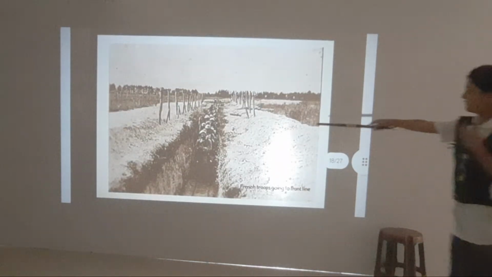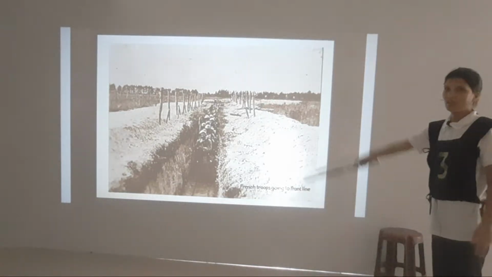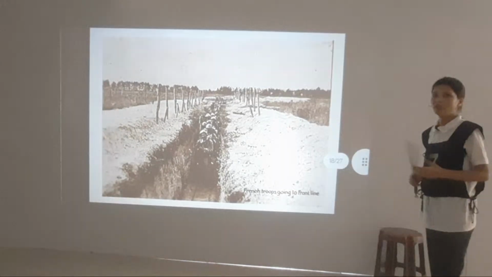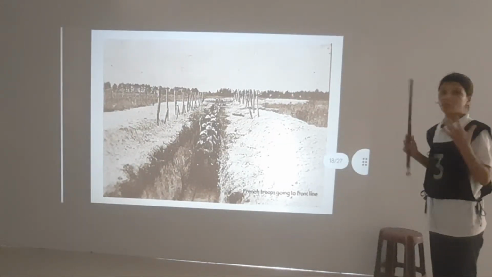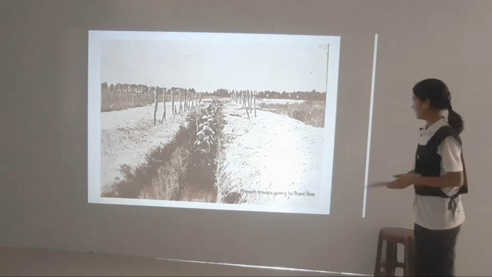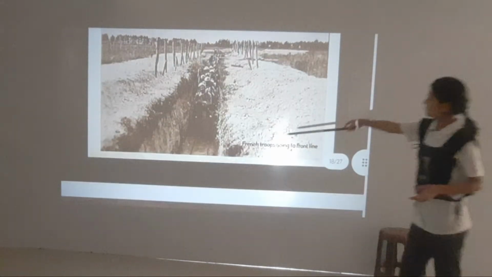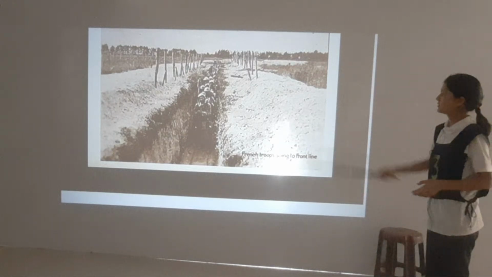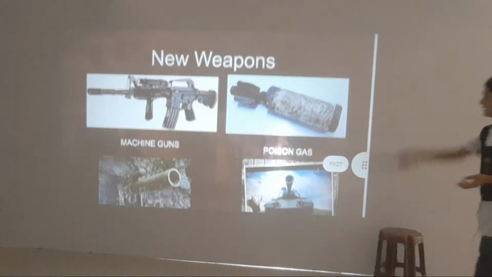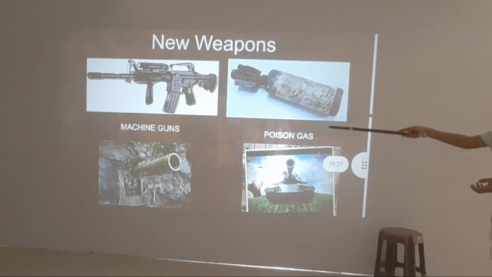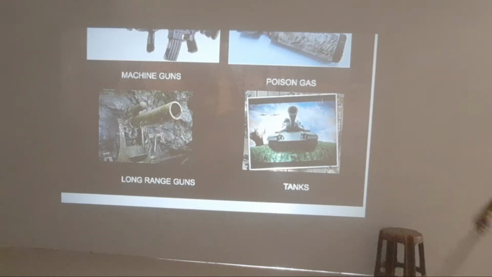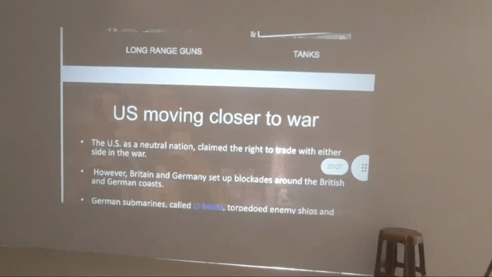At that time the military was not equipped enough to guard against attacks. These are the trenches, and most of them died in these trenches because of unsanitary practices. These were the weapons, as you can see: machine guns, poisonous gas, tanks and long range guns.